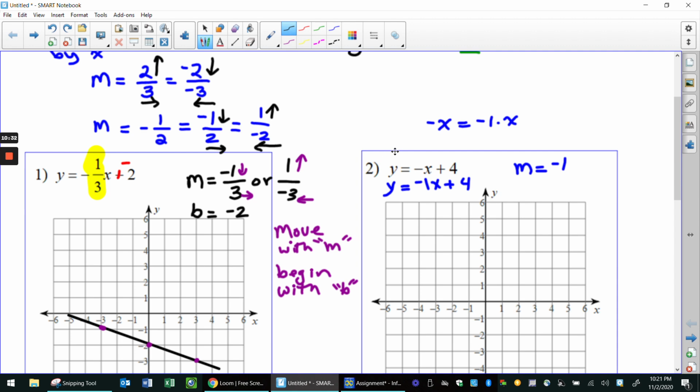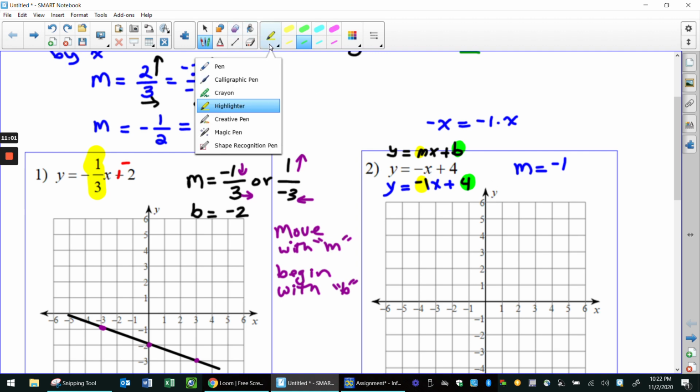It's a great idea to write your slope-intercept equation right on top of your problem, so you can line things up accurately. We can see very clearly here that the slope is -1, because that's the number that's multiplied by x, and the y-intercept here is 4, because that's the constant at the end after the plus sign.